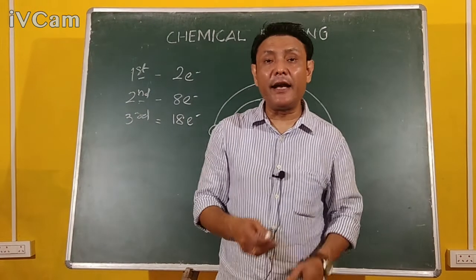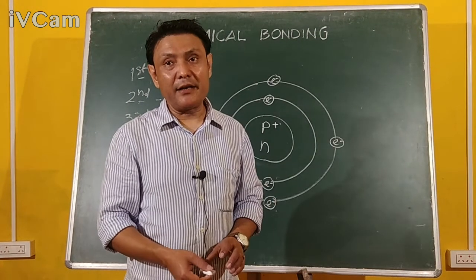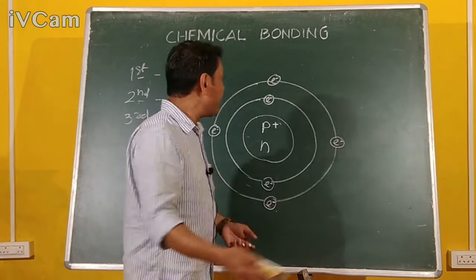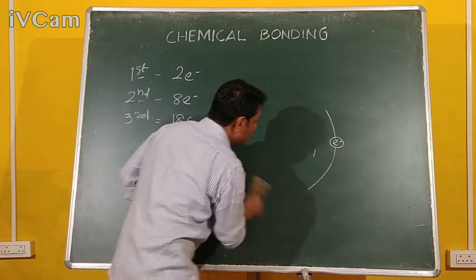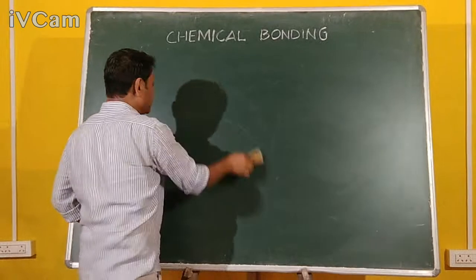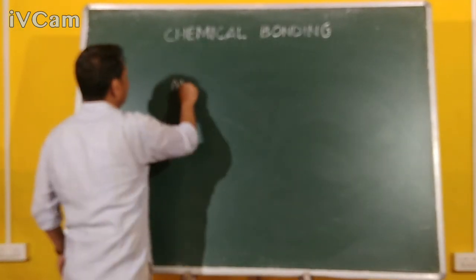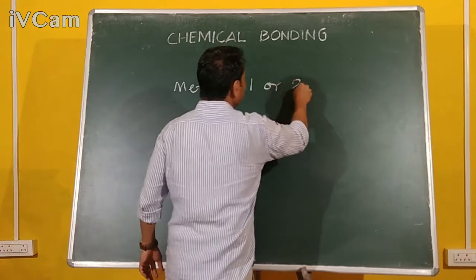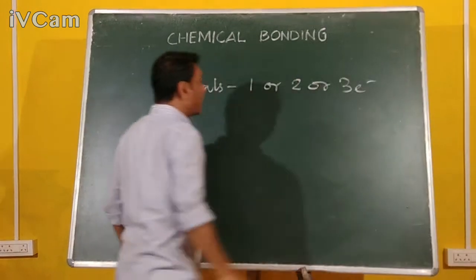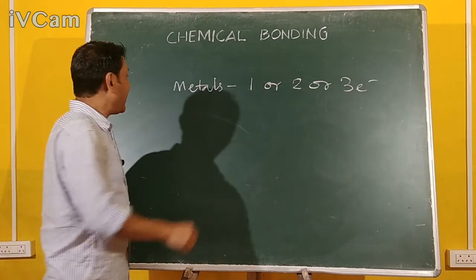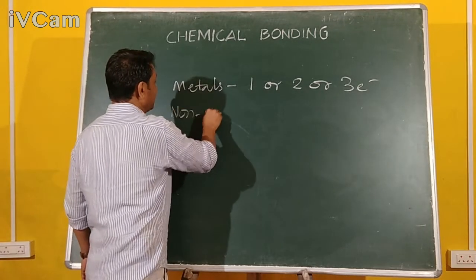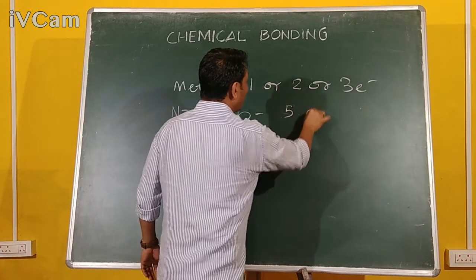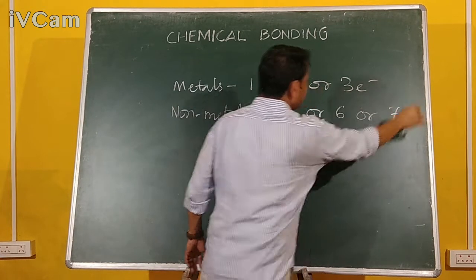Now, depending upon the electrons in the last shell, we can classify the elements into metals and non-metals. Over here we will talk about metals and non-metals. This is very, very important for you now: metals will have 1 or 2 or 3 electrons in the outermost shell or the valence shell, and non-metals will have 5 or 6 or 7 electrons.